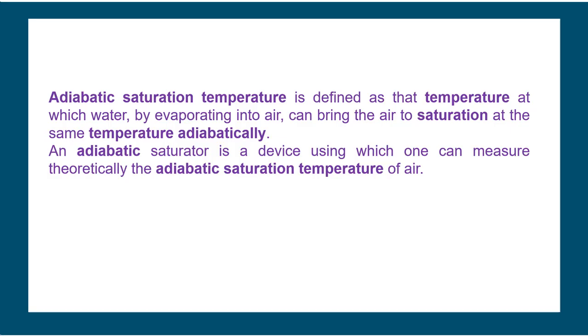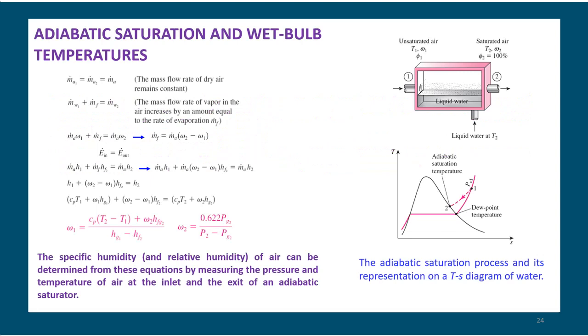So that means on the 100% saturation line we will get this adiabatic saturation temperature. We can call a device an adiabatic saturator. It is a device which is used to measure the adiabatic saturation temperature experimentally. But practically speaking, this adiabatic saturation temperature cannot be measured easily.